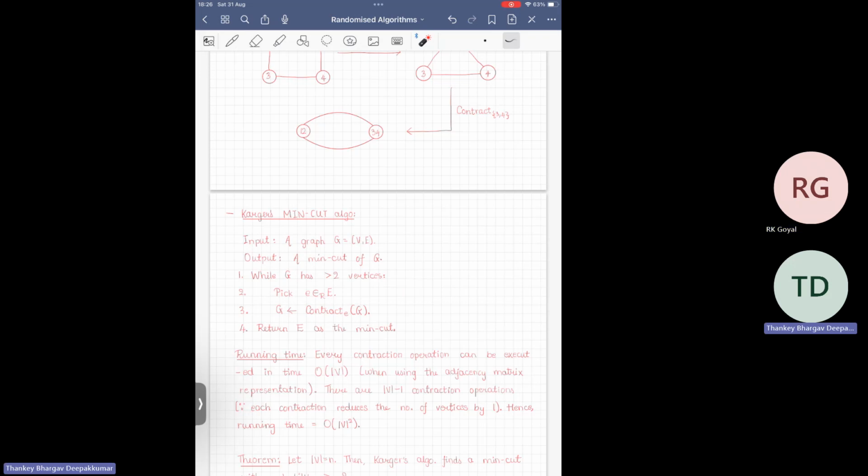The graph would look something like this: two vertices, multiple edges between them. You would report all of these edges as the min cut, so I'm saying return E as the min cut. When you have only two vertices left, all the edges going between them are exactly the set E for this multigraph, right?